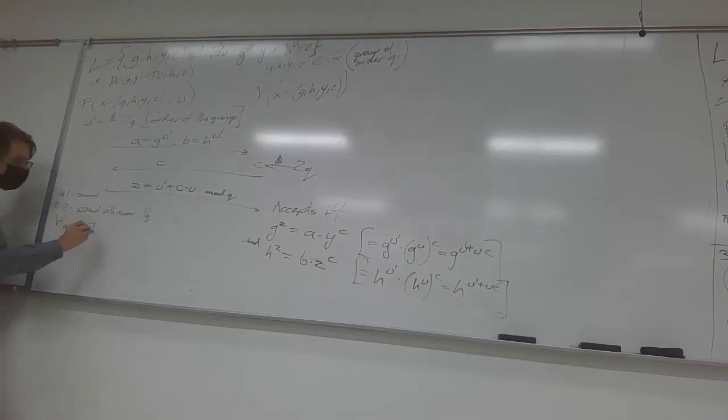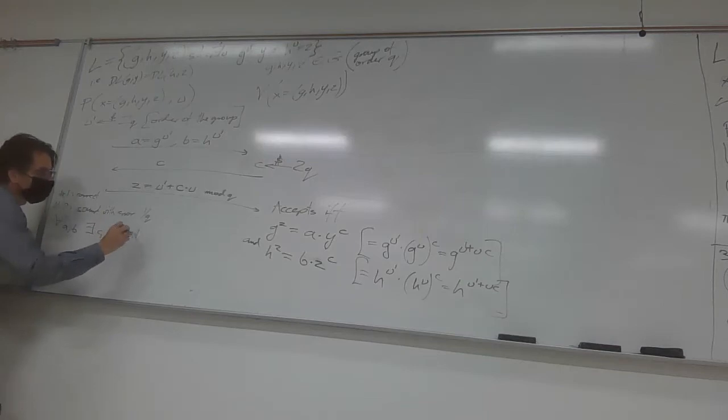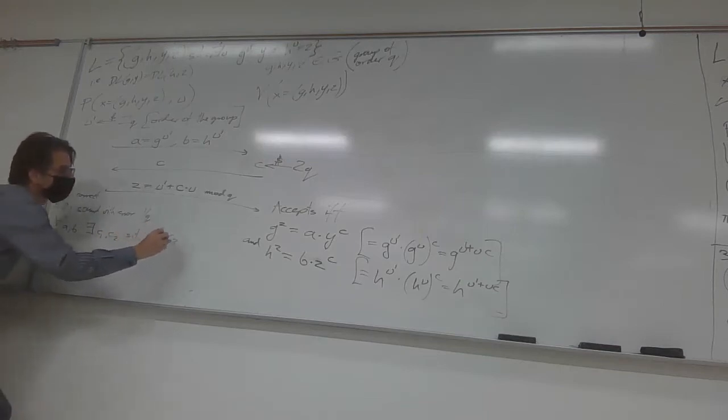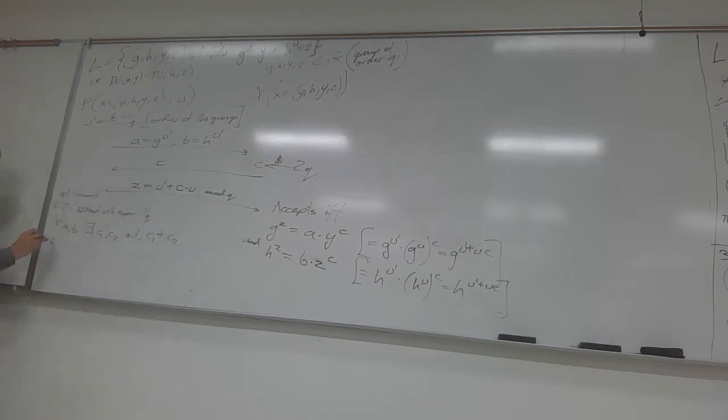If there exist challenges C1 and C2, they're different, such that there exist Z1, which verifies, and Z2, which also verifies, namely, so what has to hold for these to verify?